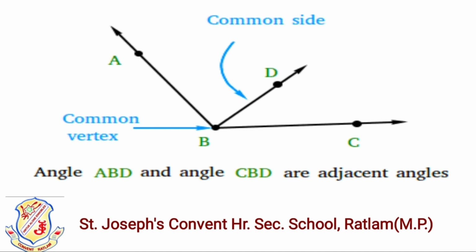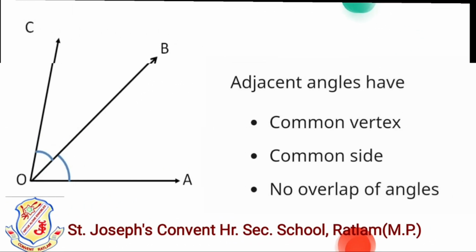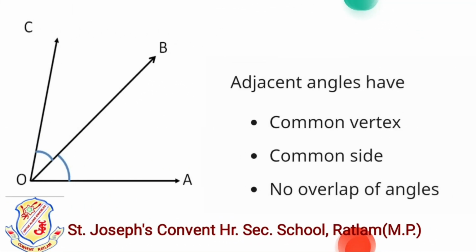So these types of angles are called adjacent angles. Adjacent means they are next to each other. They have a common vertex and a common side. Now in this figure, we can conclude that adjacent angles have a common vertex, a common side and no overlap of angles.